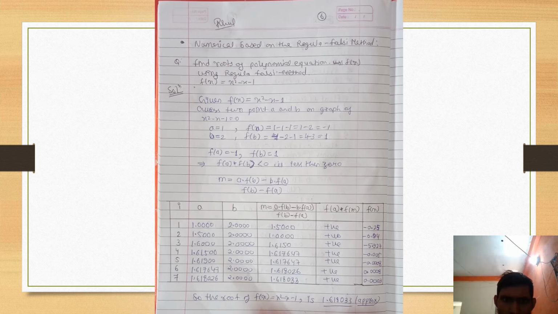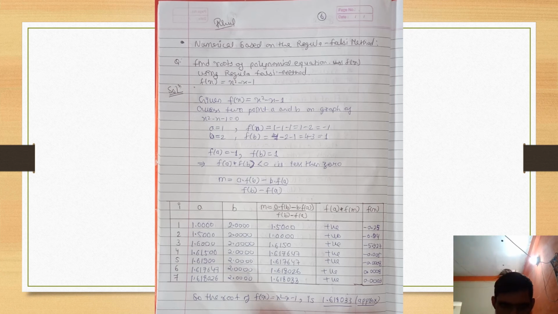We have a value of m, and the value of m is computed by the graph. So m equal to a into f of b minus b into f of a, whole divided by f of b minus f of a.